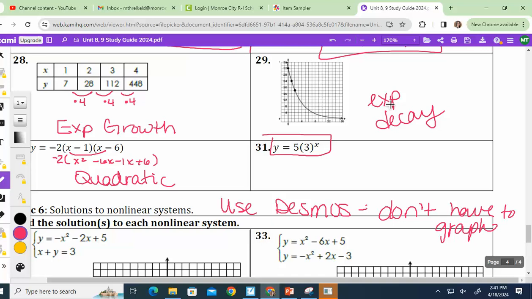Yep, it's curved. It's not a full parabola, so it's not quadratic. It is increasing, so this is exponential growth. All right, are we okay on those problems?